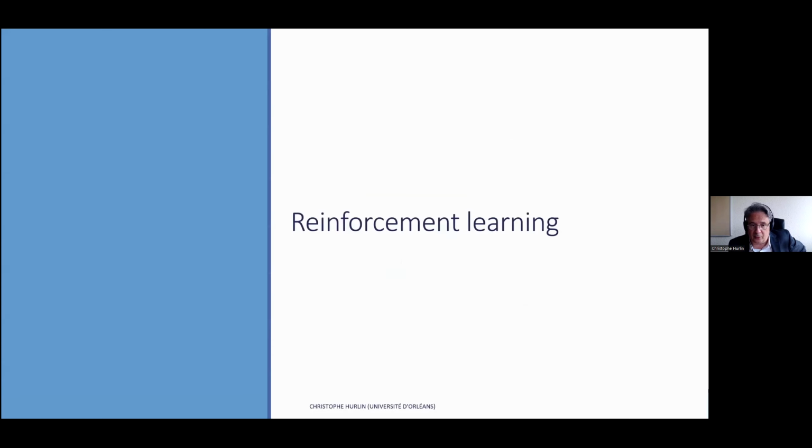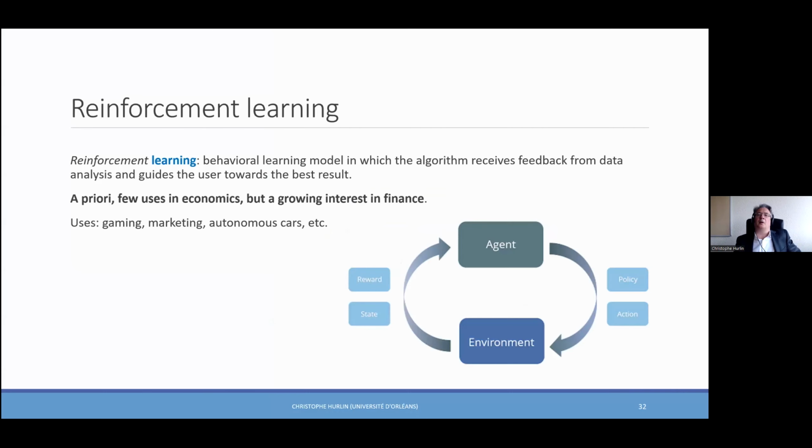Last type of learning is reinforcement learning. This is a behavioral learning model in which the algorithm receives feedback from data analysis and guides the user towards the best result. So in general, it was used, for instance, in gaming.